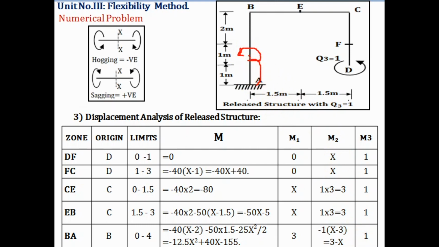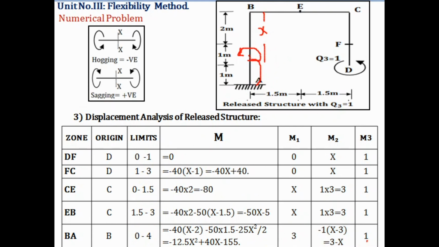As there is sagging moment, their value is plus, and for moment we do not multiply by the length. So here only the intensity of moment is 1, and here we are measuring x from B point. So here the limit is 0 to 4. So in this way we have found out the bending moment in the release structure.